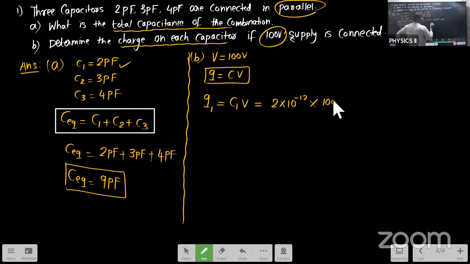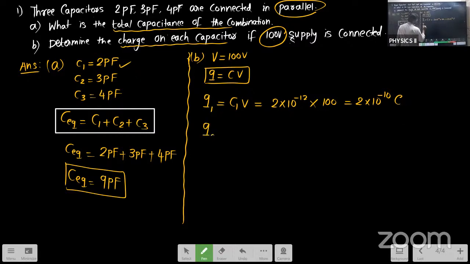So this will become 2 into 10 power minus 10 coulombs. The unit for charge is coulomb. So the charge through capacitor C1 is 2 into 10 power minus 10 coulomb.